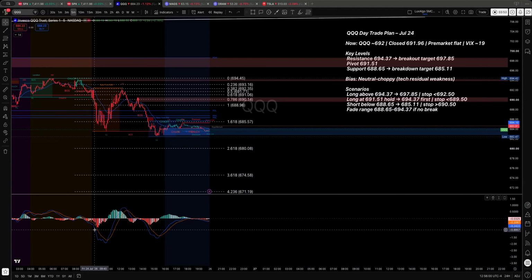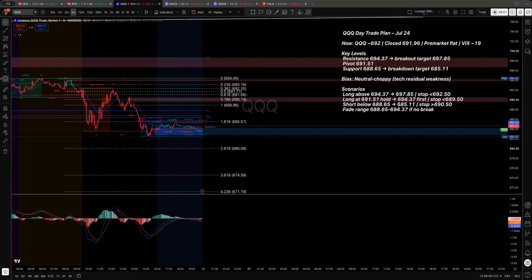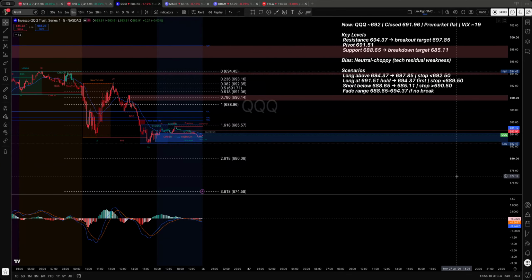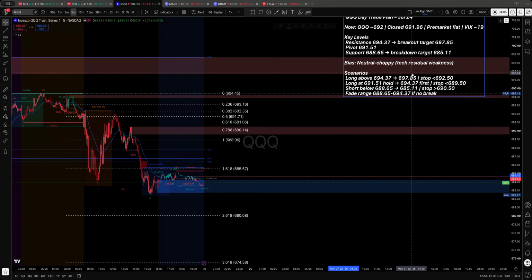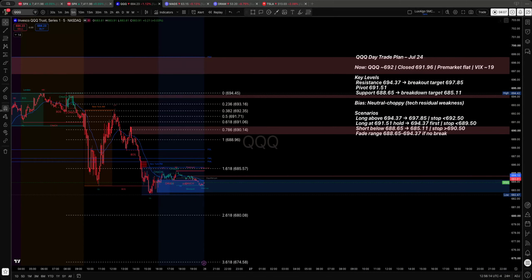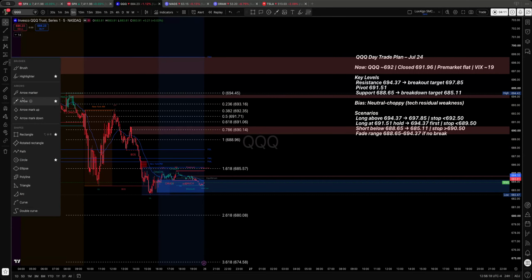And you can see here that we did have negative momentum heading right into the bell here. So the way that I'm interpreting this for the plan here, let me grab my little pointer here.